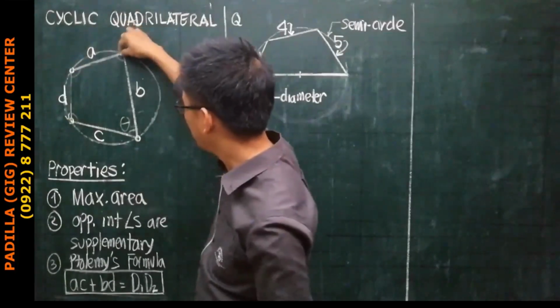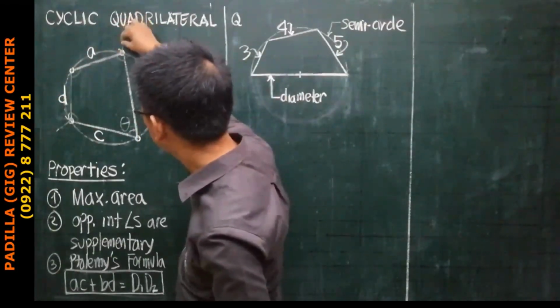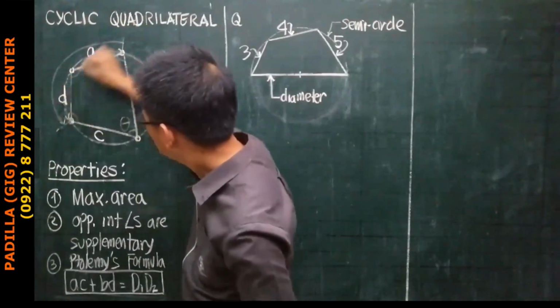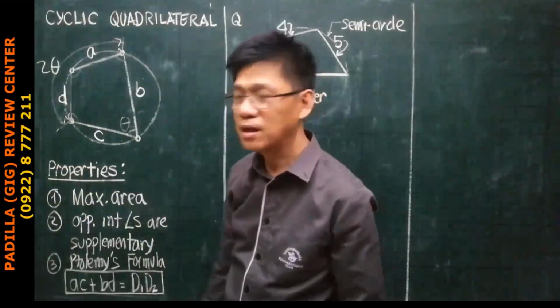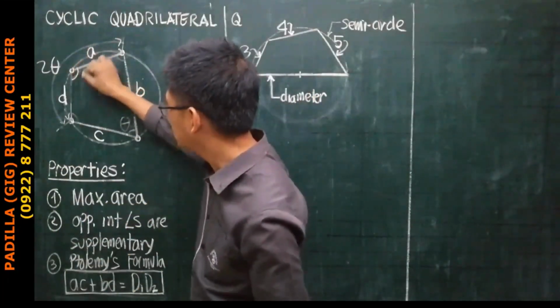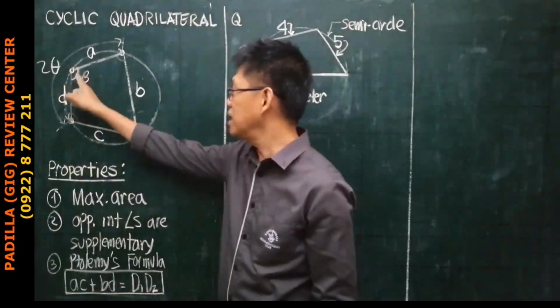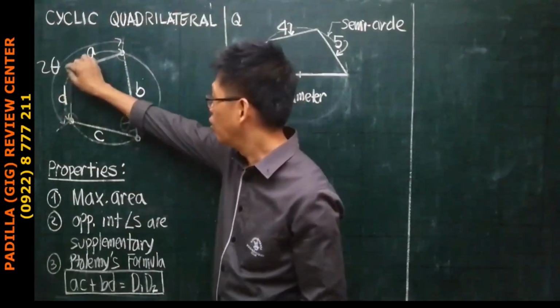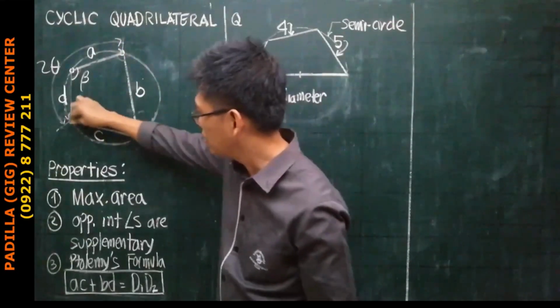Meaning this arc from here to here is 2 theta. If I call this beta, beta is also a peripheral angle opposite this arc, from here to here.